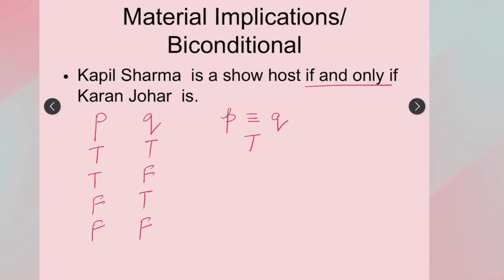When both the components are false, then also it will be true. In the other conditions it will be false. So again this is important. This is for biconditional, and we use the tri-bar for it.